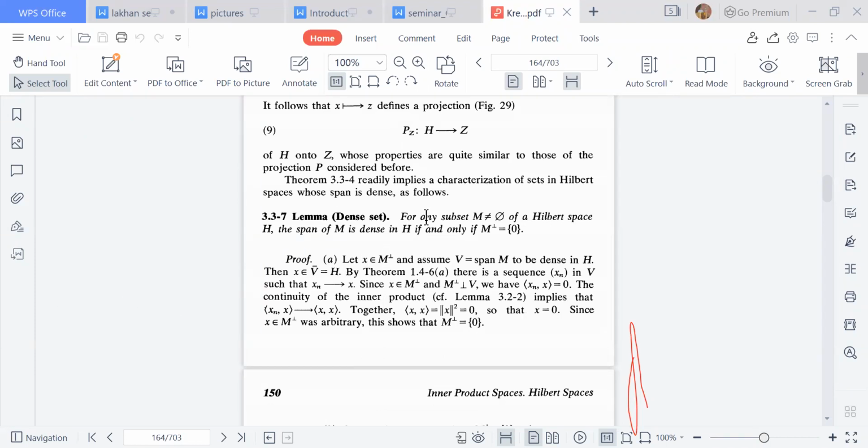Now we read the next theorem. The title of the theorem is dense set.